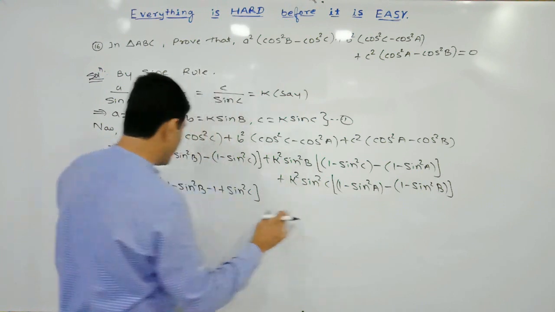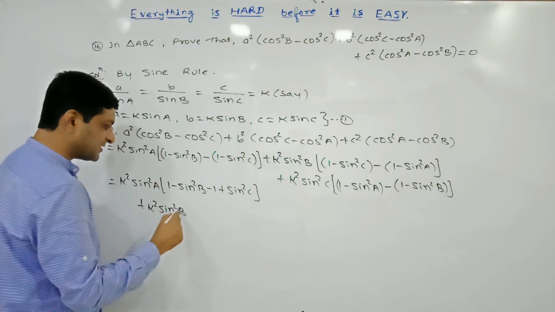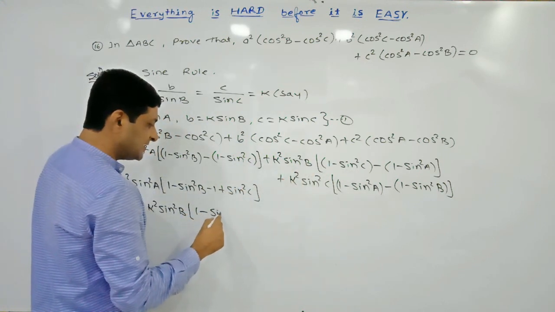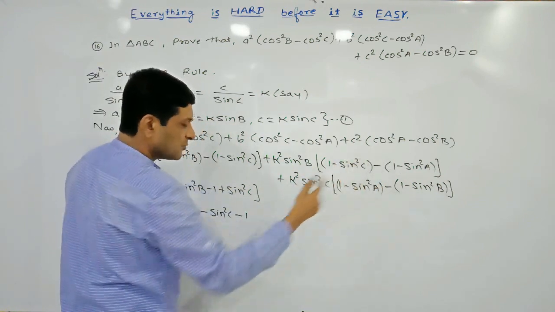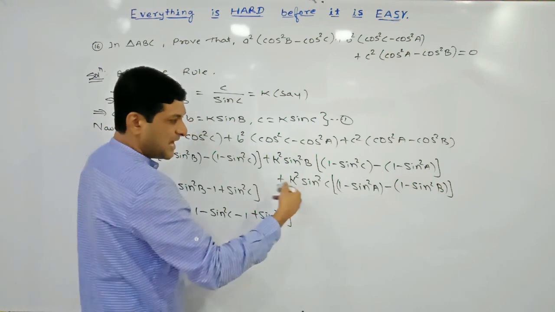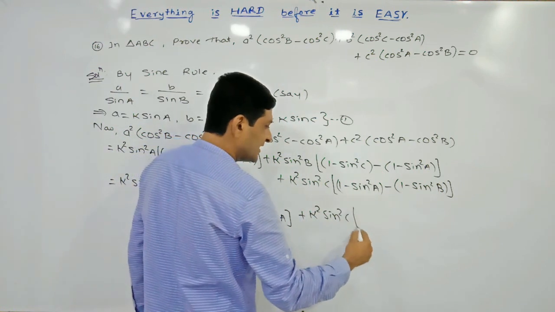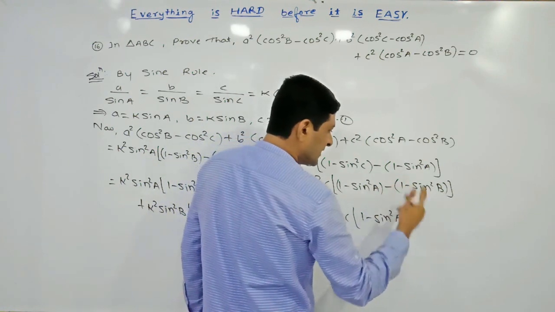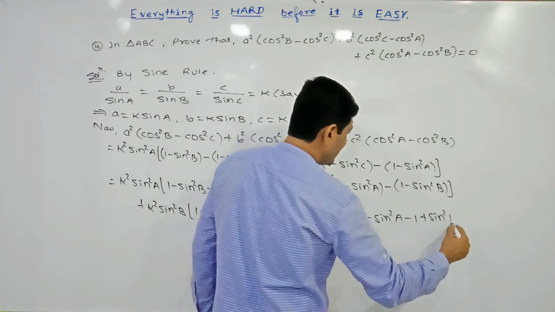Let us open the bracket here: 1 minus sine square C, keep it as it is, minus into 1 is minus 1, and minus into minus will become plus sine square A. And in the last case we get plus k square sine square C, keep it as it is. Here also open the bracket: 1 minus sine square A, minus into 1 is minus 1, and minus into minus will become plus sine square B.